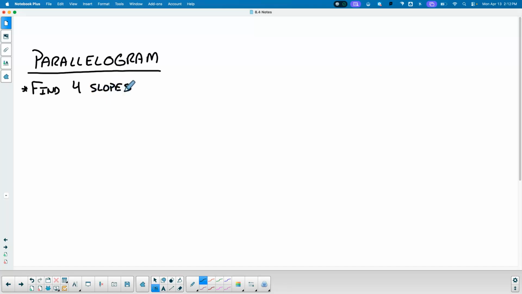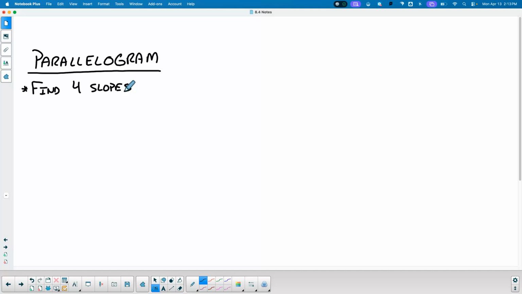Okay. What do we need out of those 4 slopes? No, just for a parallelogram. So what does that mean? That wouldn't be parallel. So how many pairs of sides have to have the same slope? A pair is 2, right?